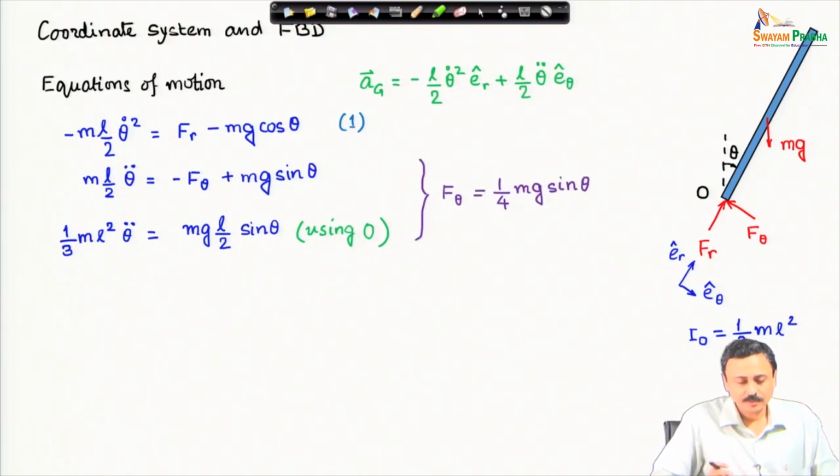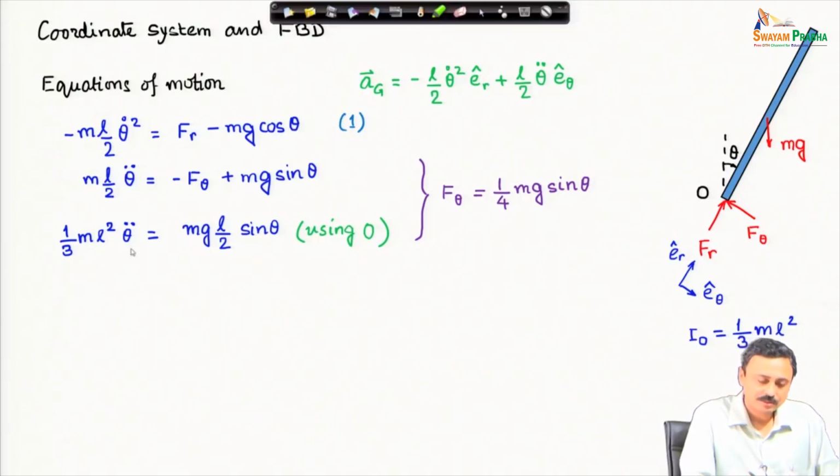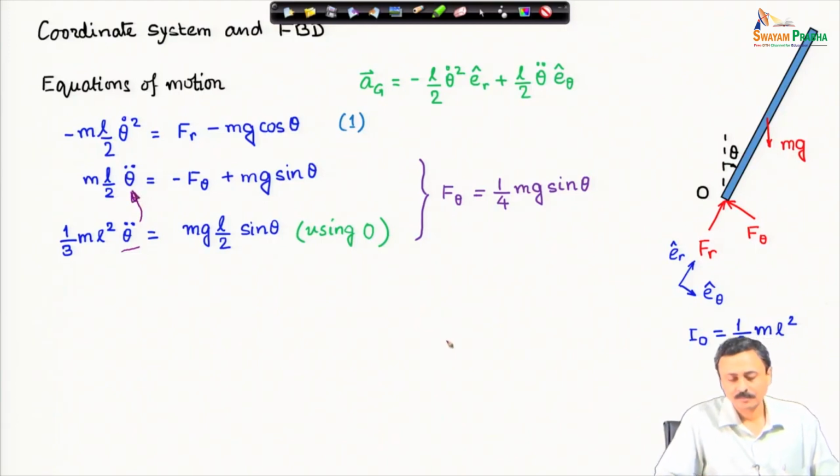From the theta equation of the translational dynamics and the rotational dynamics equation, I can solve F_theta. I just solve for theta double dot and substitute it here. Then I can find out F_theta.